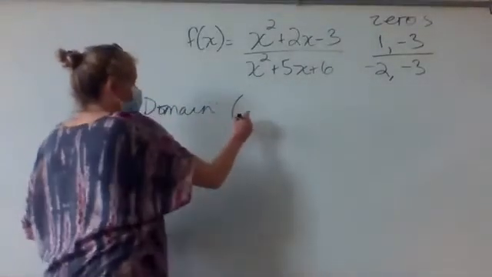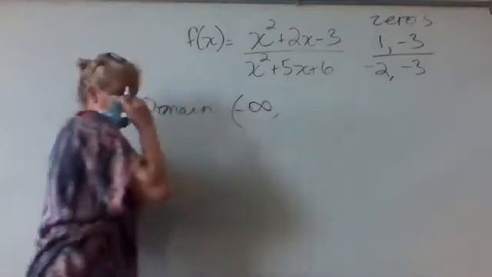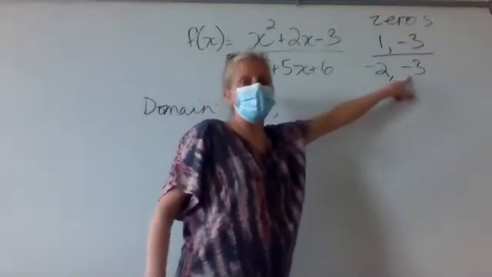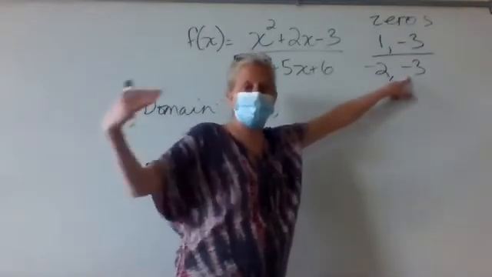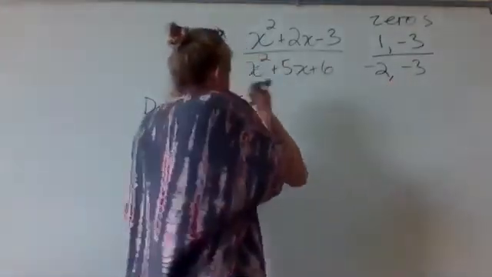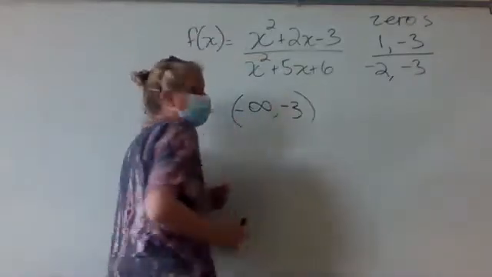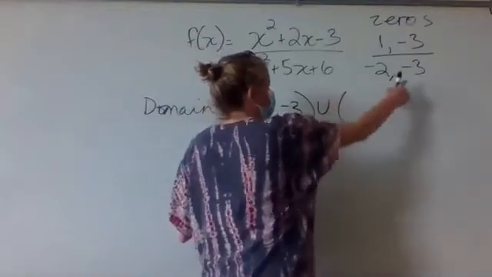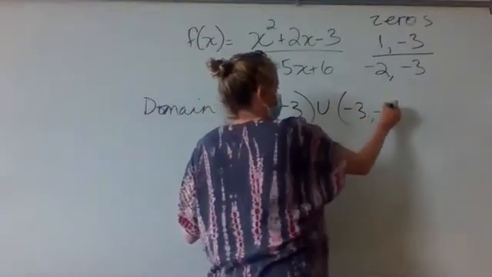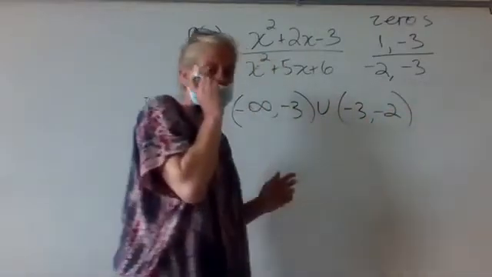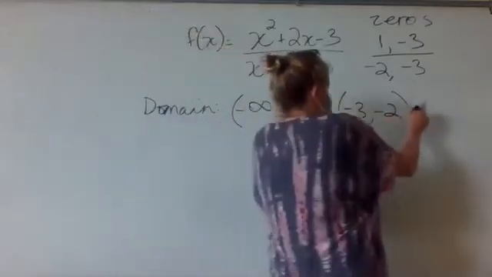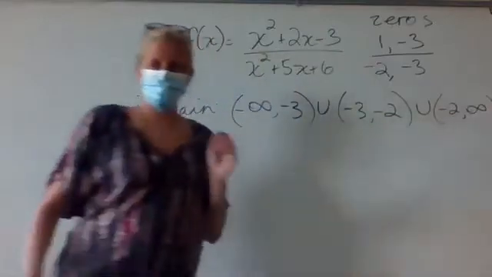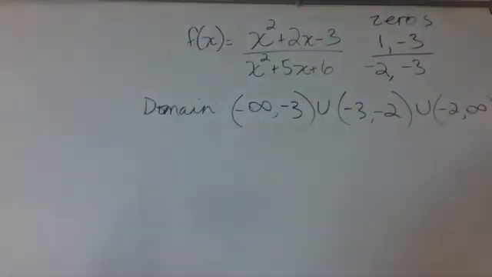So from -infinity, who am I going to run into first? I'm going to run into the -3 coming up from the bottom, right? So -infinity to -3, in union with in between those two numbers, so -3 to -2, and then the last part is -2 to infinity. So there's the domain.